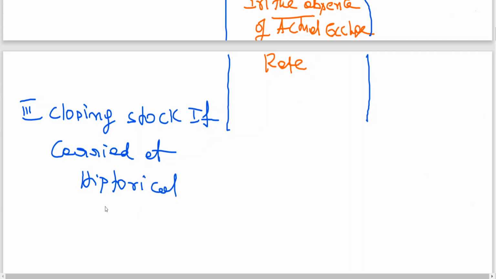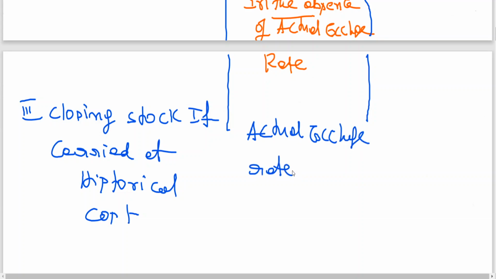Whenever you talk about closing stock if carried at historical cost, which is nothing but actual exchange rate as on the date of purchase of stock, because from that purchase stock only the closing stock is unsold, no?